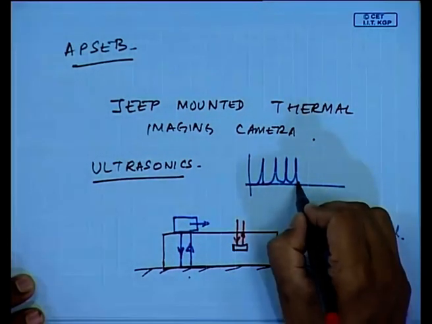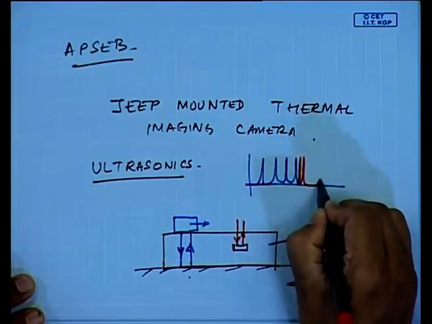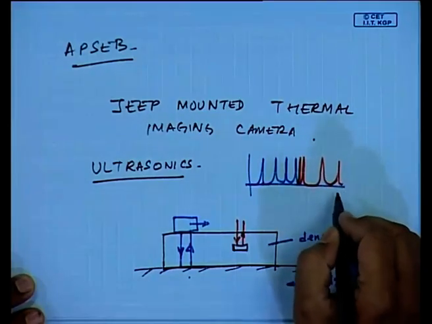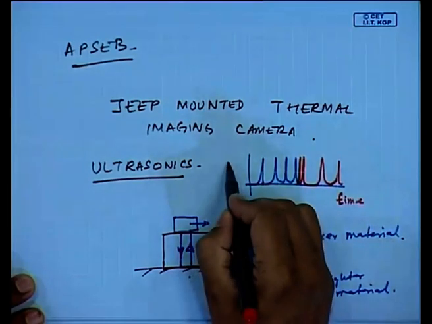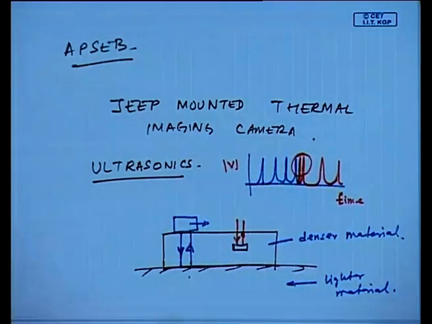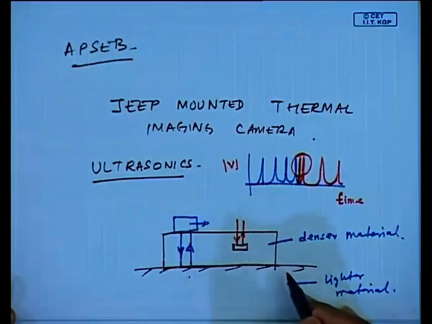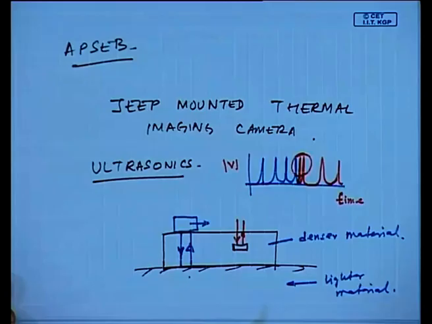So, you will see suddenly a very close spacing, and then again, okay, this is say time, some voltage level. So, this means, because the time taken will be less, because the distance travelled is less. Okay. So, this means that it came across an obstacle which was of a different density than this common homogeneous material. Okay. And that is the principle behind ultrasonics.